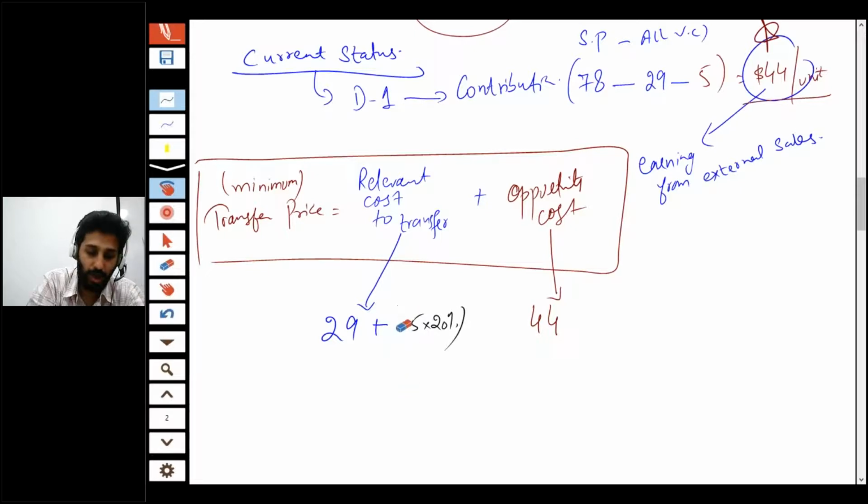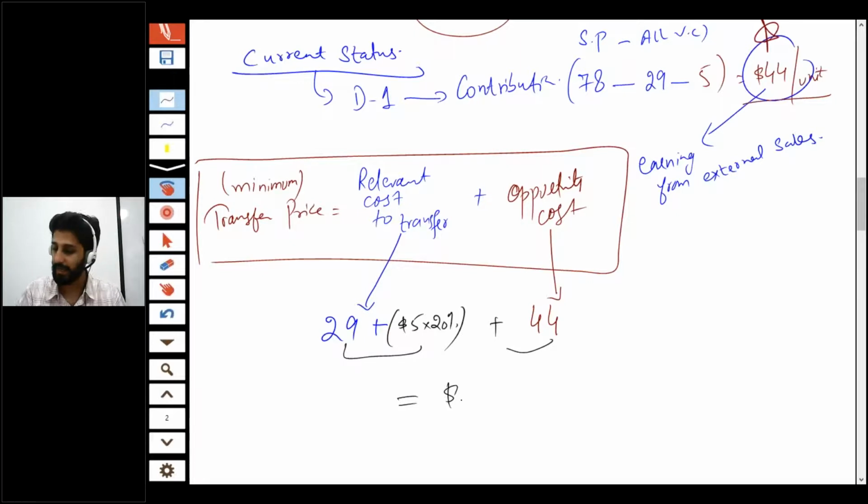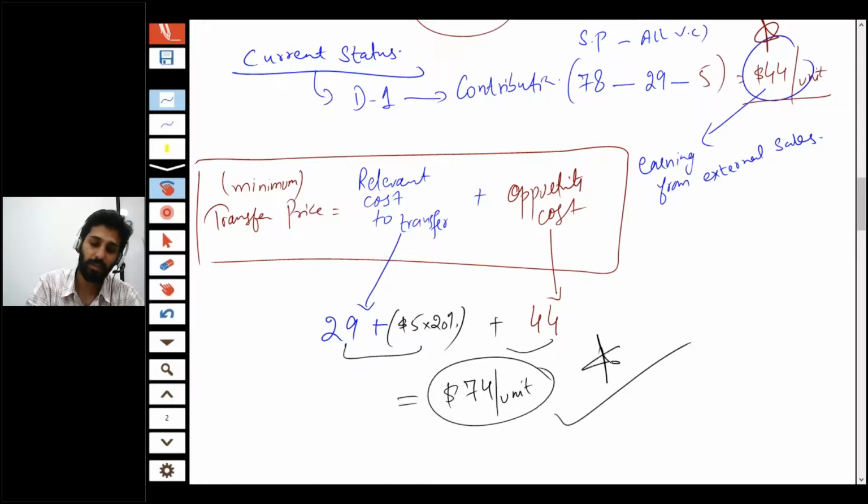It would become $1. So this thing plus this thing, the collective transfer price is 30 plus 44. It is 74 per unit. This is the minimum transfer price.